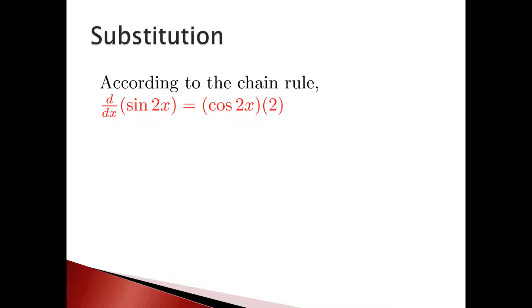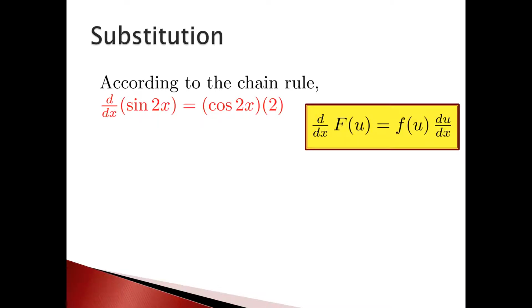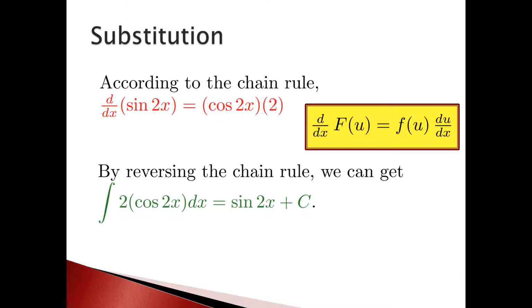So if we were going to go backwards from something like that, if we come across the scene of a differentiation and there's cosine of 2x with a 2 lying beside it, then we can put those back together by undoing the chain rule. The 2 cosine of 2x should go back to being sine of 2x.